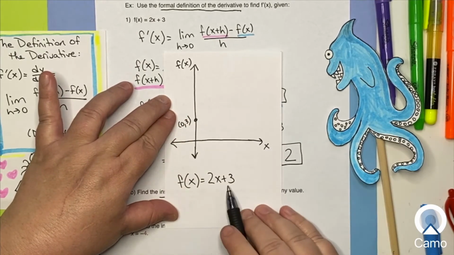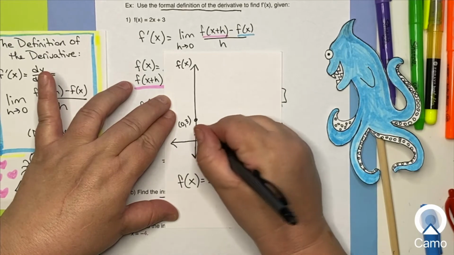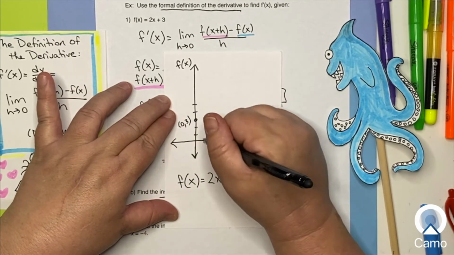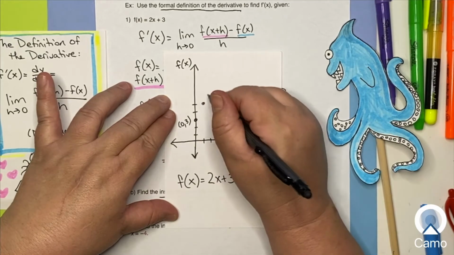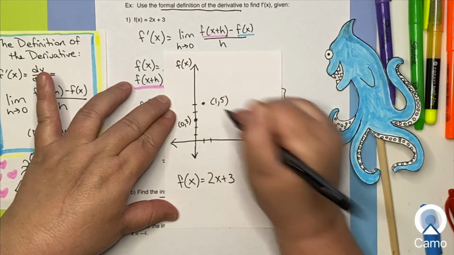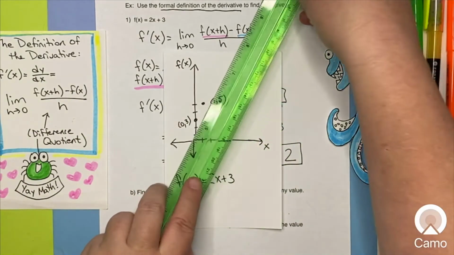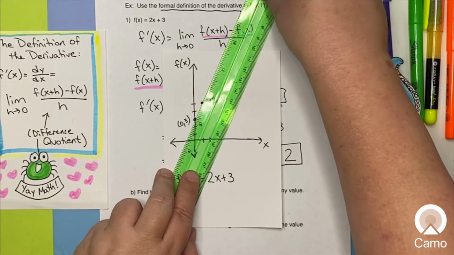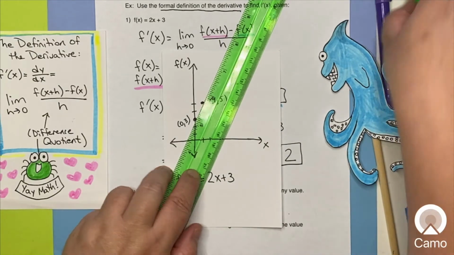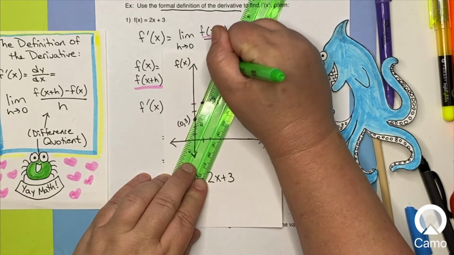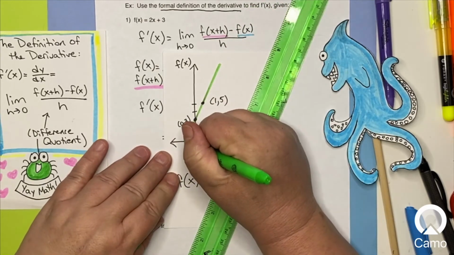And I can plug in some other points. At 1, it would go through the point 1, 5. And so this graph is going to look something like this. I'll use a green ruler, green line.